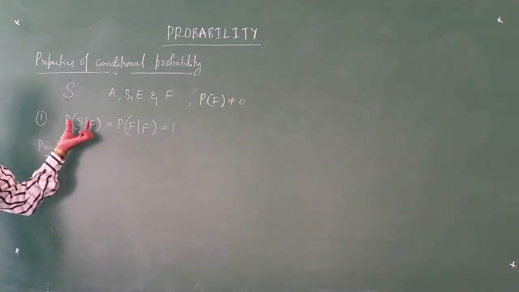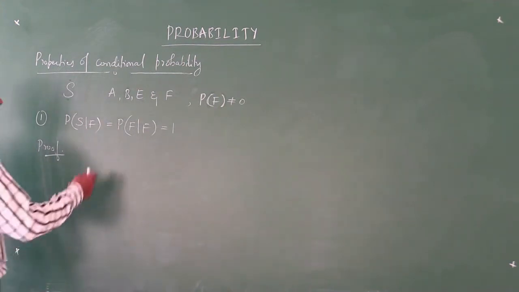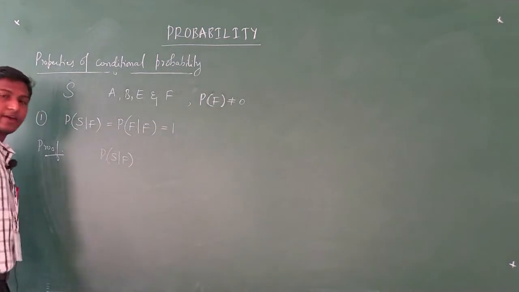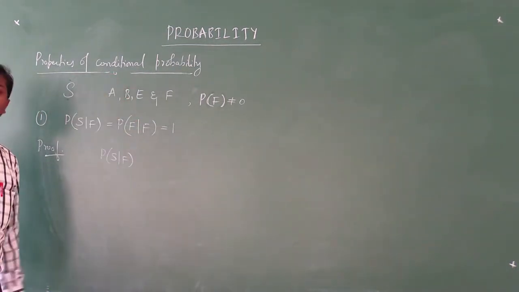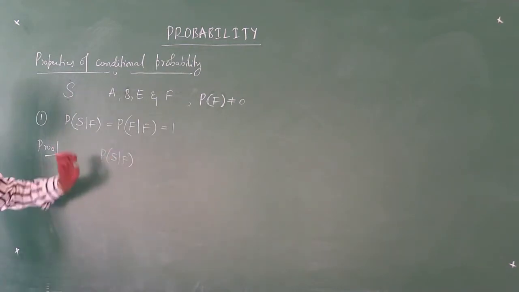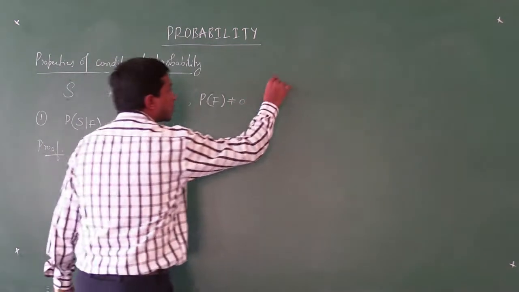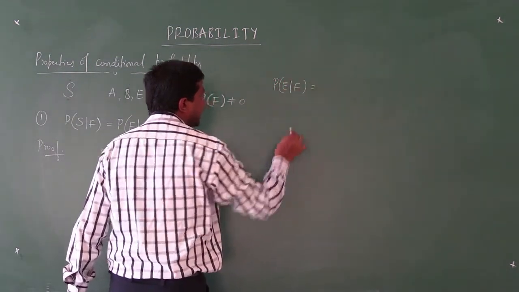We'll first show that P of S bar F is equal to 1. We'll consider P of S bar F. Okay, so look here, by definition of conditional probability, how can we write this? We saw what P of E bar F is equal to.